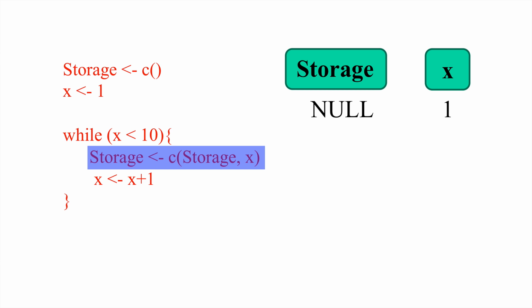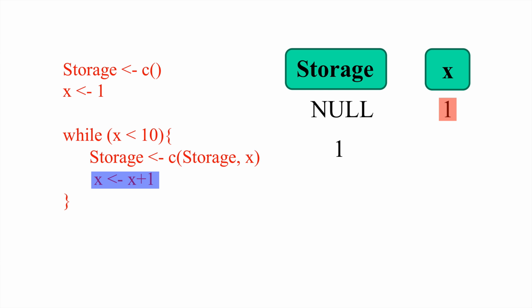First, our storage vector becomes a combination of the original storage vector and the x value. And since there was nothing in the vector beforehand, combining the storage vector and x yields a vector containing the number 1. And then the next step is to redefine the variable x. The new value of x is the old value, which was 1, plus 1, which is 2. And then we start over again.